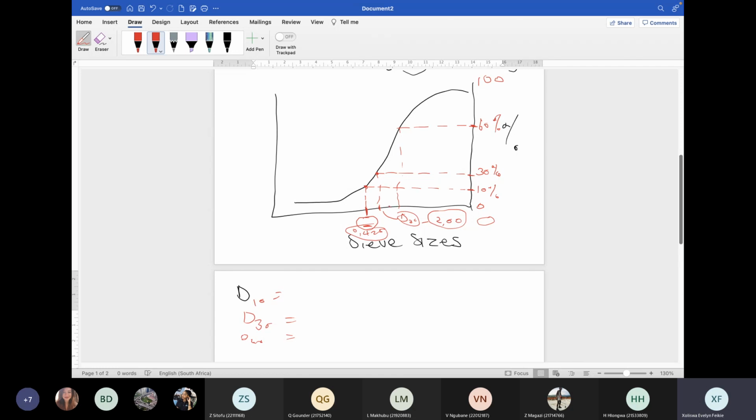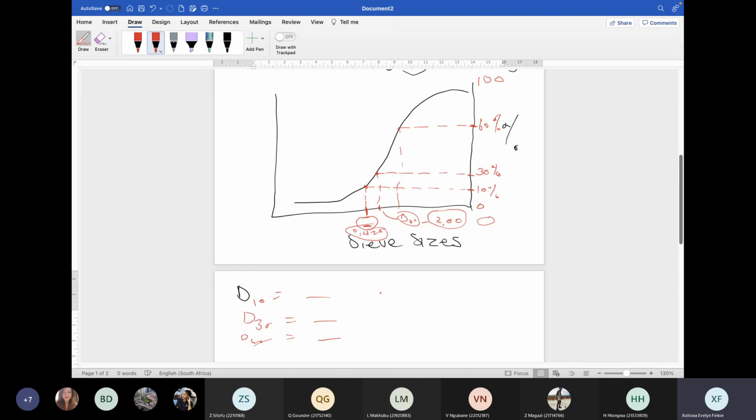Don't forget, in terms of values, you need to know that this is 10, maybe, or we're moving from 0.1 to 100. How do you then do a log graph or a log scale? You need to know how to do it. So the value of D10, D30, D60, that's how you get them.